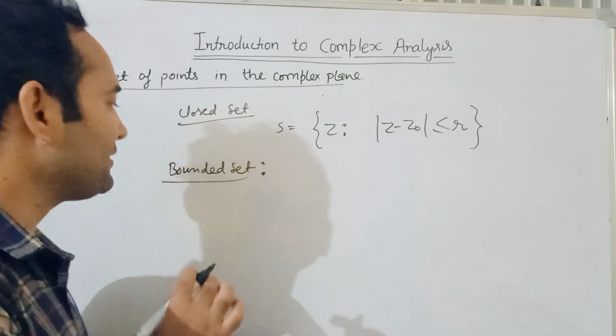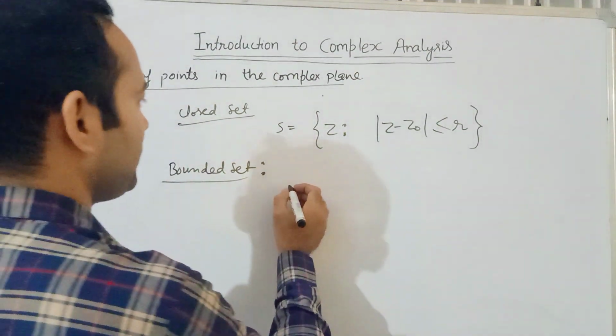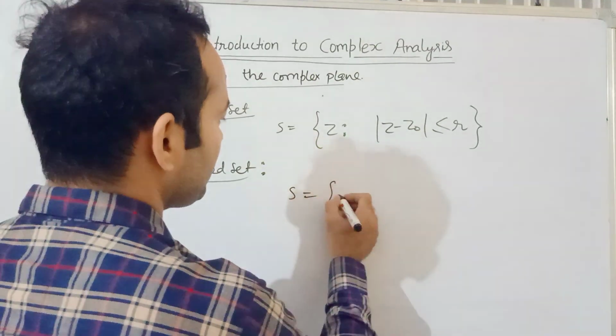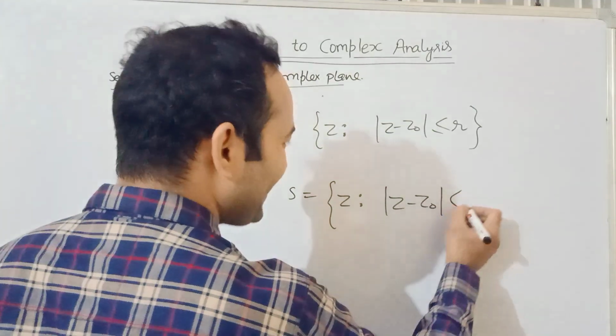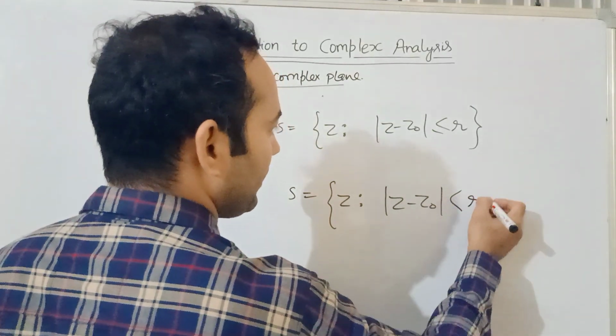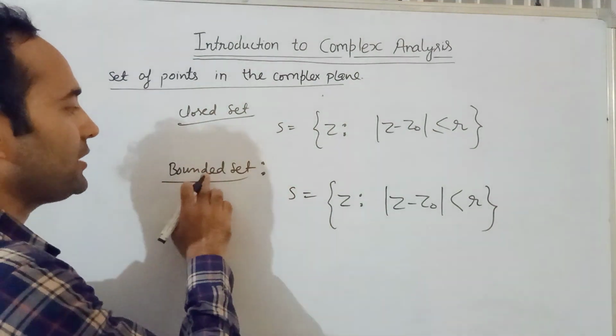So bounded set is an open set where magnitude of Z minus Z naught is less than some value, I'm going to call it R. Okay. So S is bounded set.